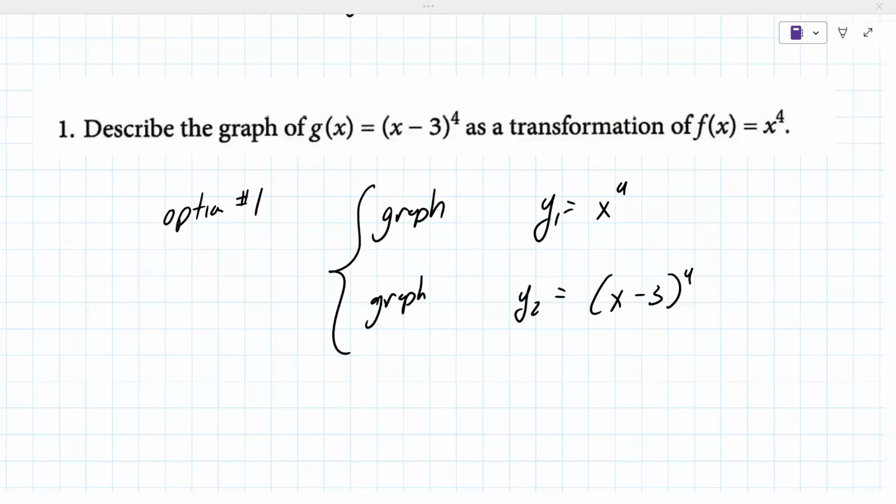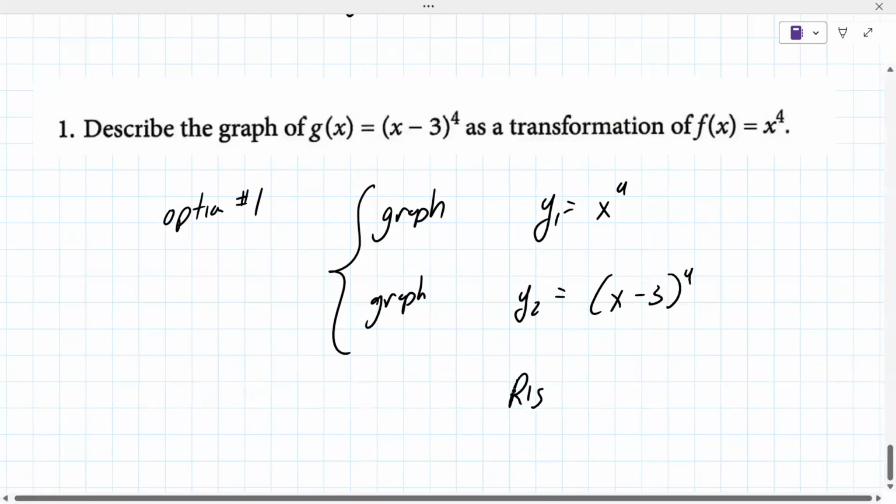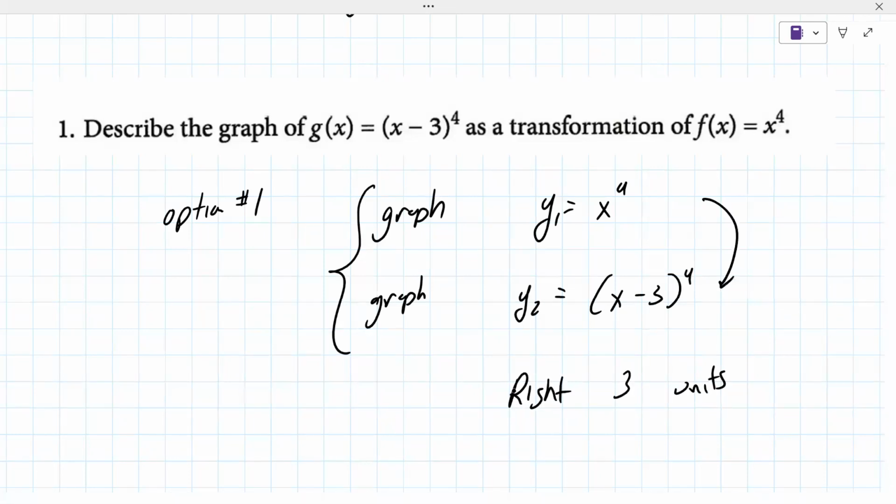Oh, it moved to the right. It's right three. And that's important. Like you have to be able to see that.